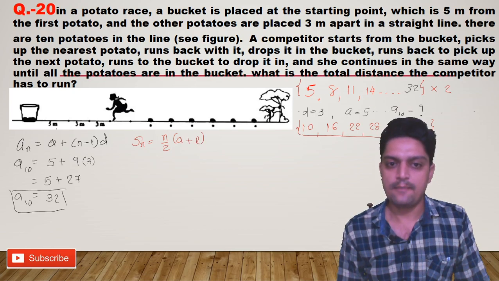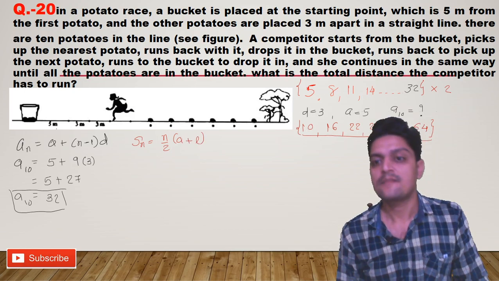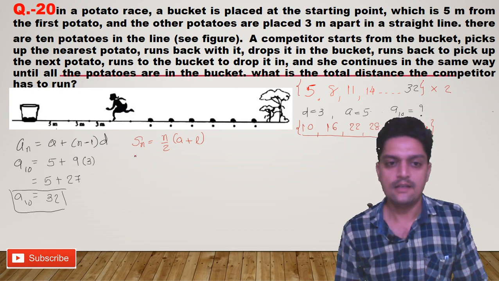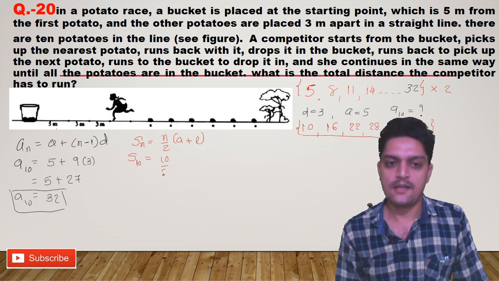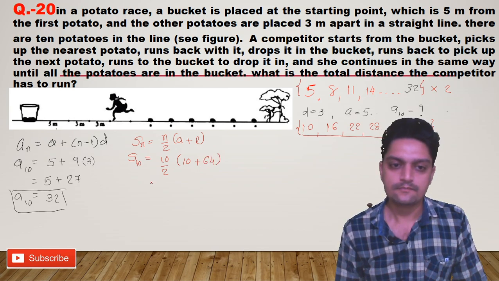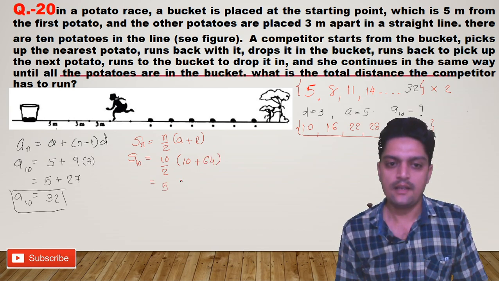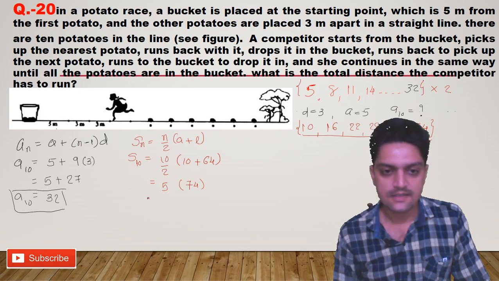I use a plus l because I have the first term and the last term also. How many total terms are there? S10. So 10 by 2 into a, which is 10, plus l, which is 64. So 5 into 64 plus 10, that is 74.